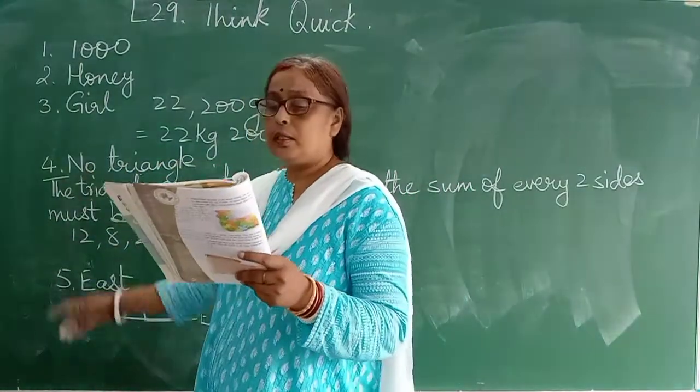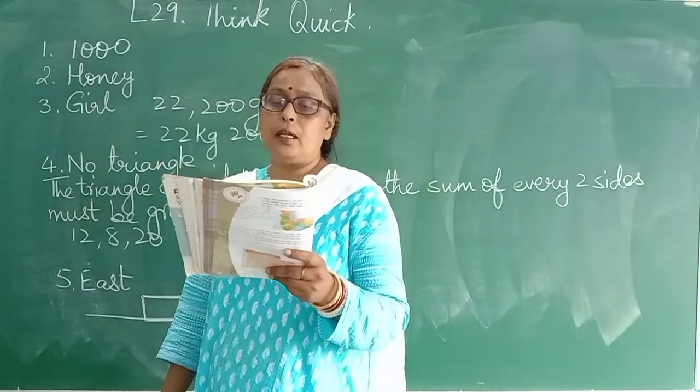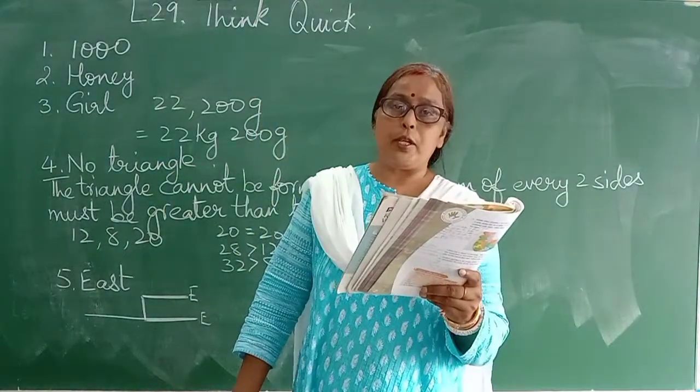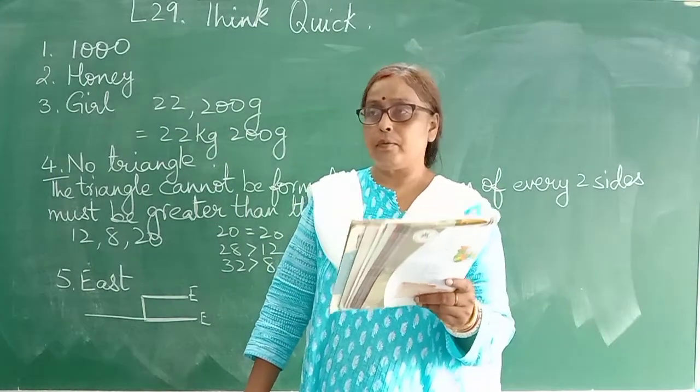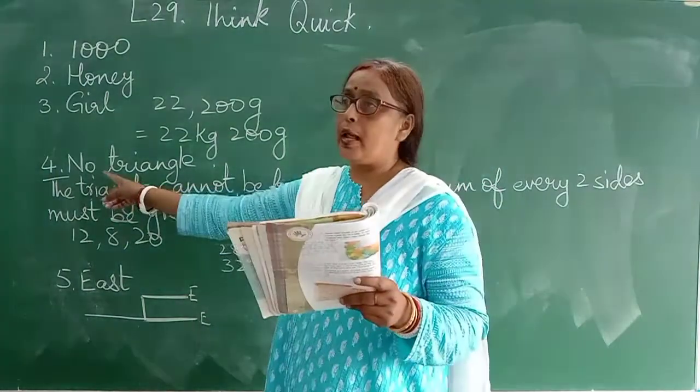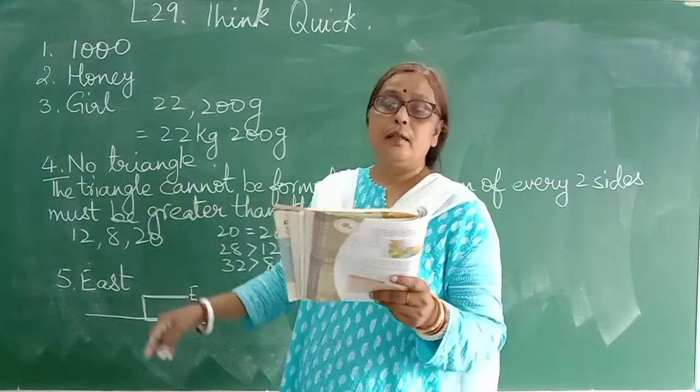Fourth one. What kind of a triangle will be formed if the sides measure 12 centimeter, 8 centimeter and 20 centimeter? There will be no triangle. Why?